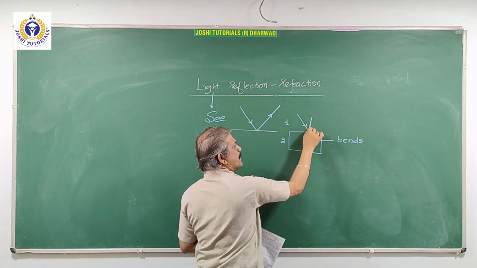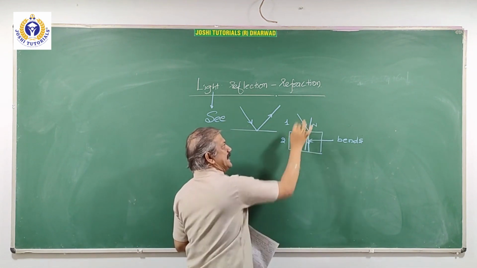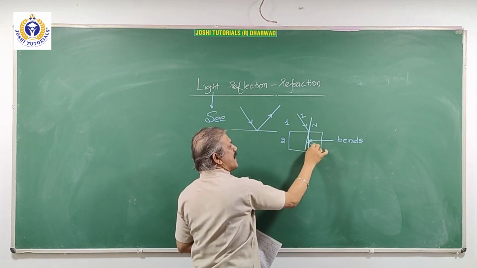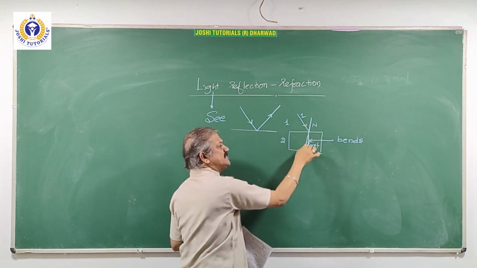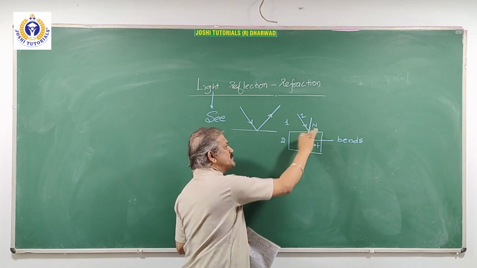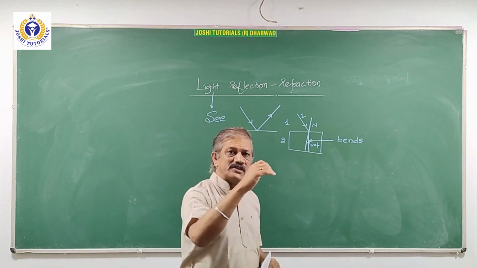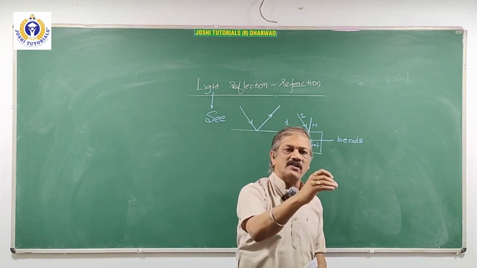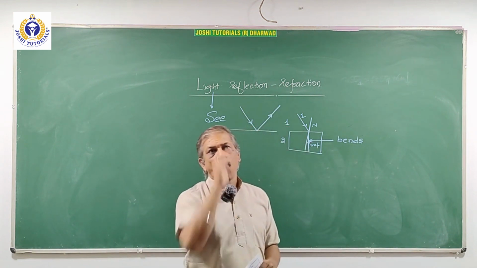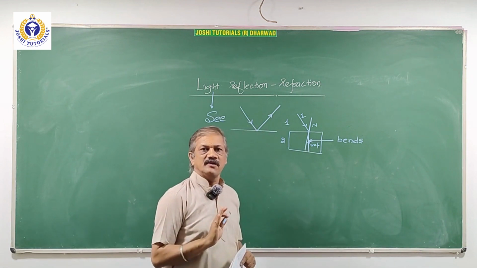When you draw a perpendicular line here, we call it a normal. Incident, refraction, and this is the normal. The word we use here is refraction. When light travels from one medium to water, it bends. From water to air medium, it also bends.